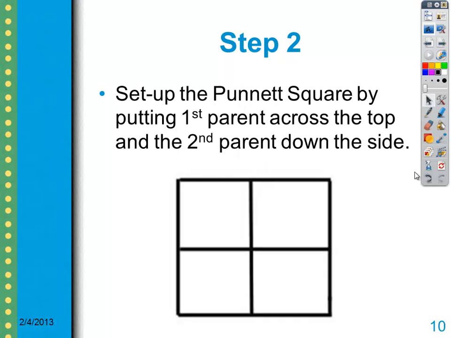Step 2 is to set up the Punnett square, put the first parent across the top and the second parent across the side. So if you draw your Punnett square, across the top we have our hybrid or heterozygous parent. Across the side we have a homozygous parent with no horns. So there are my parents.